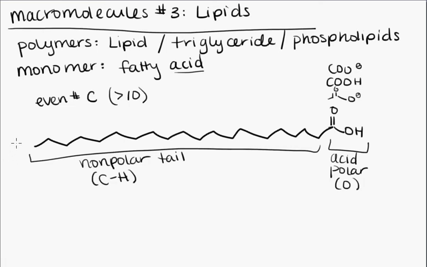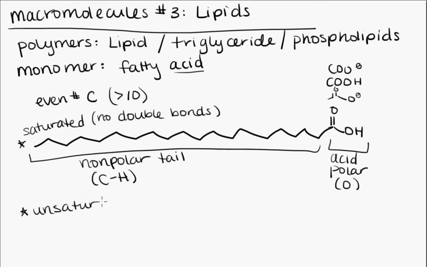So this particular fatty acid is saturated. If you've heard of saturated fats, they would look like this. So that means they have no double bonds. Whereas an unsaturated one would have double bonds. It would not have triple bonds.